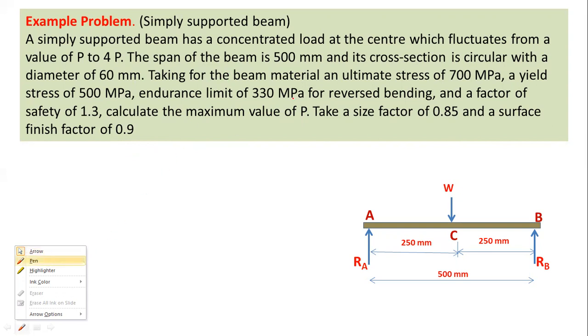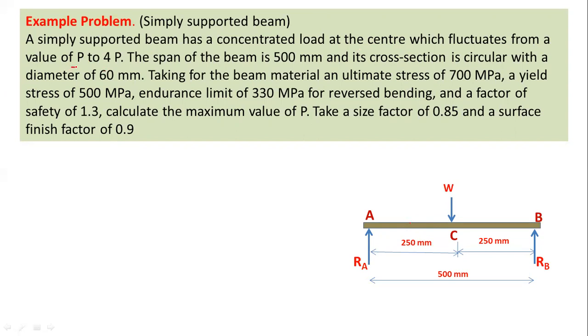From the question, first you have to identify the given values. The given problem is a simply supported beam, like this. So the load at the center fluctuates from a value of P to 4P.